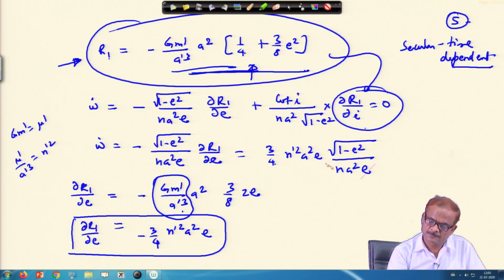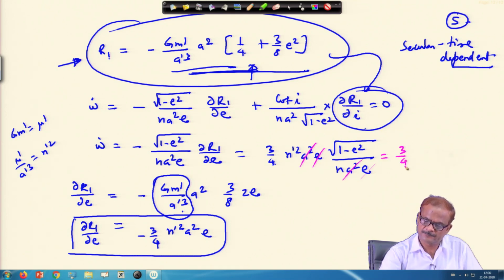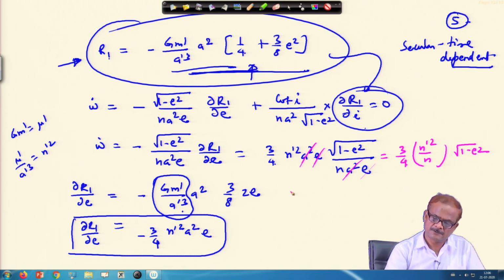Then the a squared term drops out, and we are left with 3 by 4 n prime squared divided by n times the square root of 1 minus e squared. So, omega dot is 3 by 4 n prime squared divided by n times the square root of 1 minus e squared.